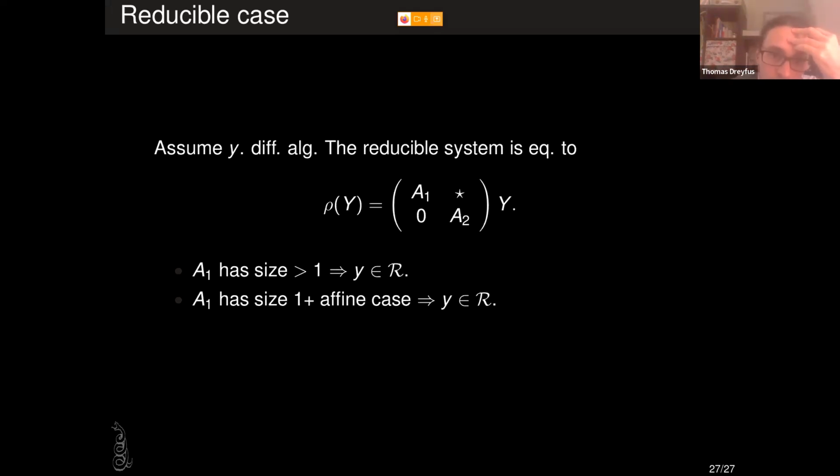And if you look carefully at the entries of Y, the last entries are just solutions of the smaller equation. So in this situation where the system is reducible, it just means that it's equivalent to a smaller one. And it gives you the idea to make an induction on the order of the equation. And very surprisingly, that works.